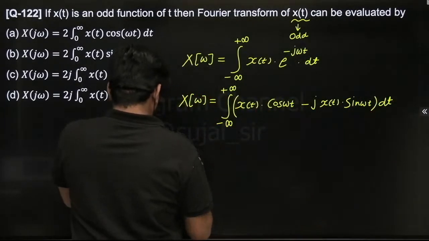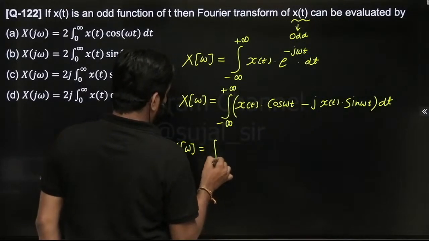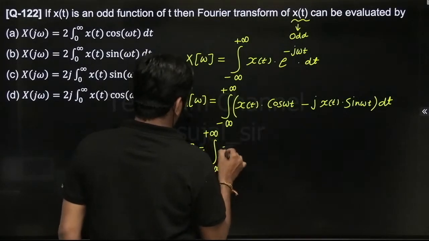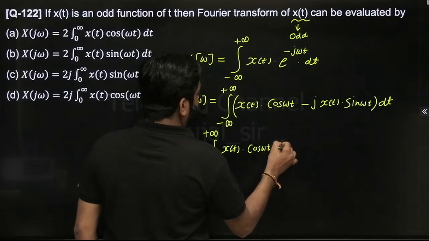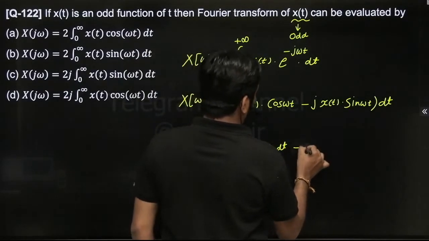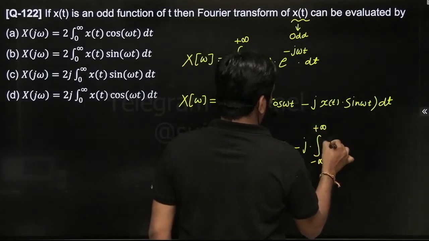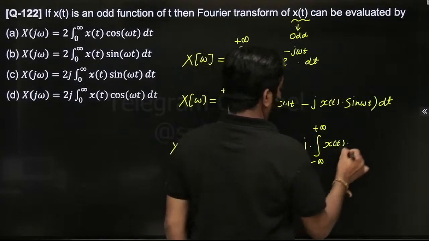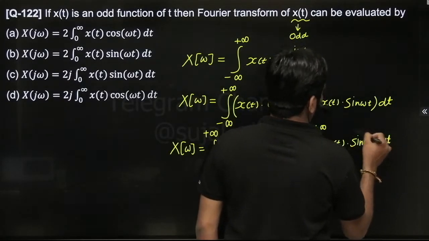Okay, so integration is a linear operation, that's why you can do the separate integration, individual integration. Integral of x of t into cos omega t dt minus j times the integral from minus infinity to plus infinity of x of t into sin omega t dt.